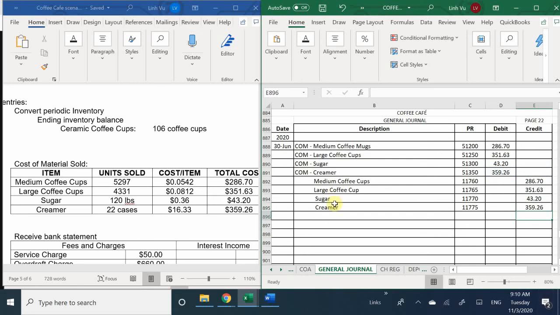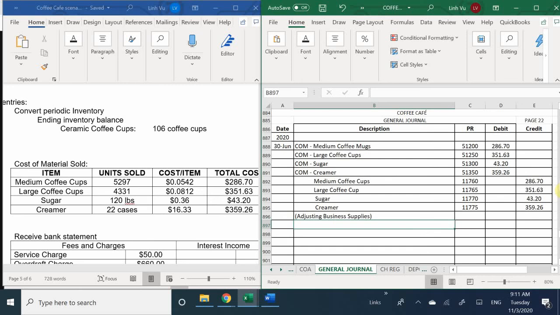And my note here, you can type here, adjusting business supplies. Okay.